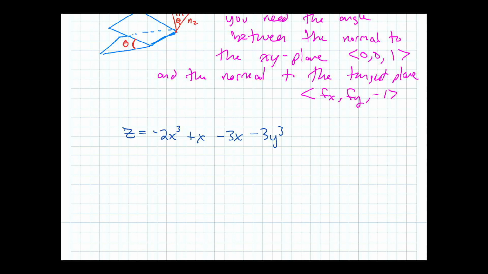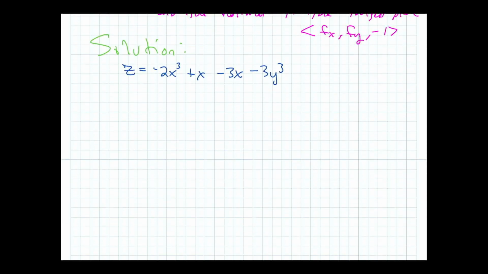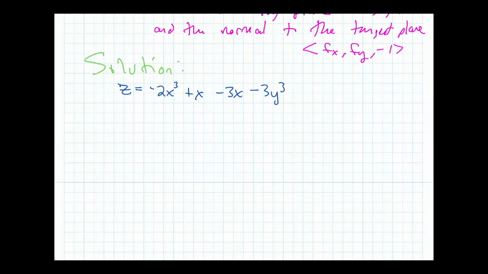Solution. All right, so there's our surface. Okay, so step one, we need the normal vector to this plane. We don't need the plane, we just need the normal vector.